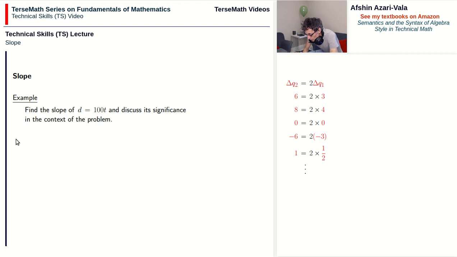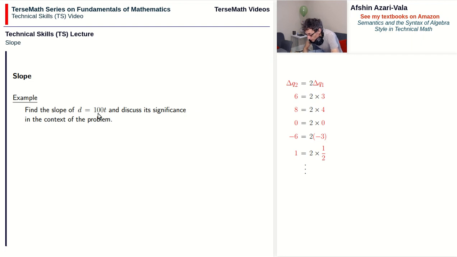So let's say that we want to find the slope of the line d equals 100t and discuss its significance in the context of the problem. To give you the context, the equation d equals 100t tells you how far you go after some time has gone by if you drive at a speed of 100 kilometers per hour.